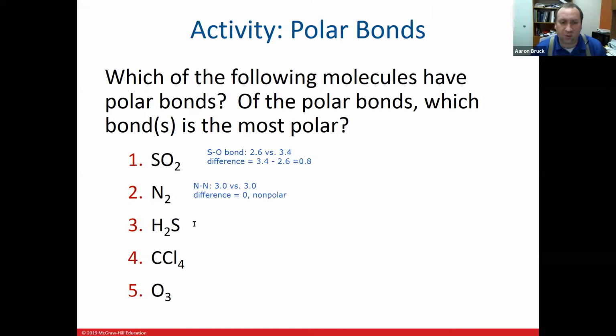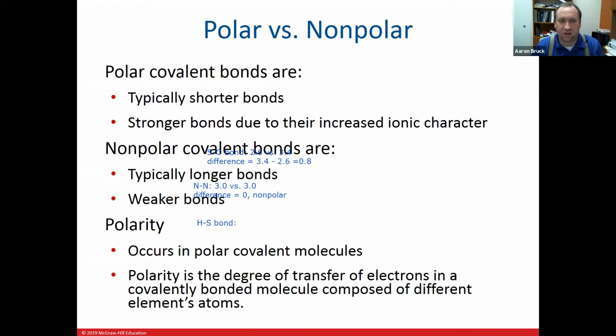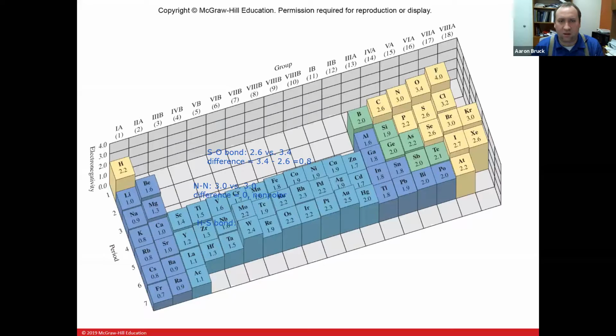Third example, we've got H2S. So we're going with our H and our S bond. The hydrogen has an electronegativity of 2.2. The sulfur has an electronegativity of 2.6.